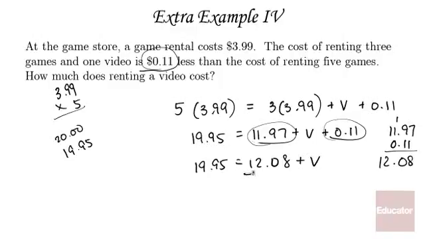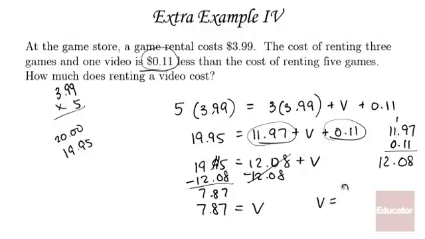Now I'm going to subtract the $12.08 from both sides, leaving me with just the cost of the video. That goes to 0. I've isolated the v. 15 minus 8 is 7. I borrowed, so that's an 8. And then I didn't borrow again, so 9 minus 2 is 7. So $7.87. So the cost of renting the video would be $7.87.